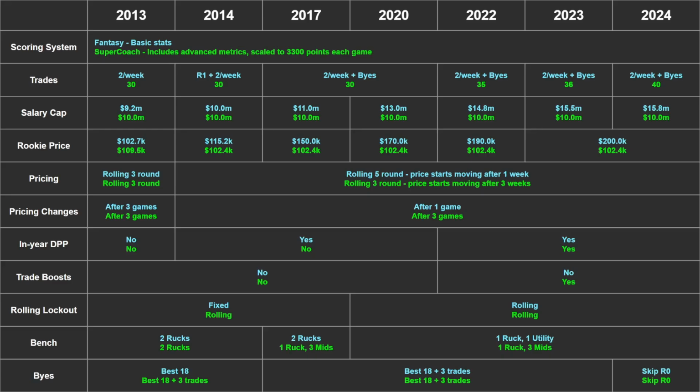Now, the reason this was done is because a lot of the mid-price speculative type players that we may look at these days, you couldn't afford back then. This was especially true when you had 20 and 24 trades for SuperCoach, but it was also true when you had 30. If you had a team of, say, 12 premiums to start the year that you held on and were fine for the whole year, you still only had 30 trades to get 10 more premiums in.